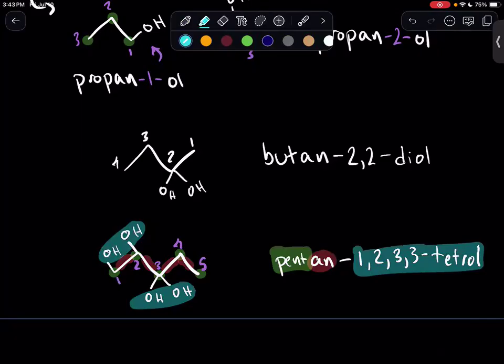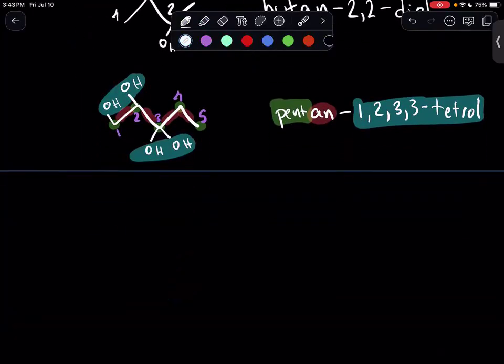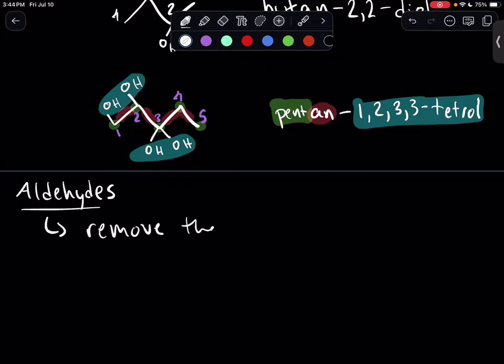All right, so moving off of alcohols, let's move on to something like an aldehyde. So aldehydes, these are actually quite a bit easier. Now we know that we remove the E again, remove the E from the stem or parent, then add -al.